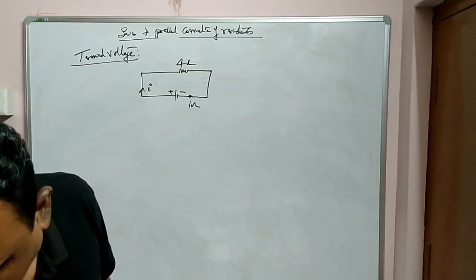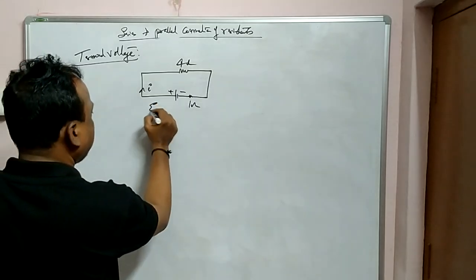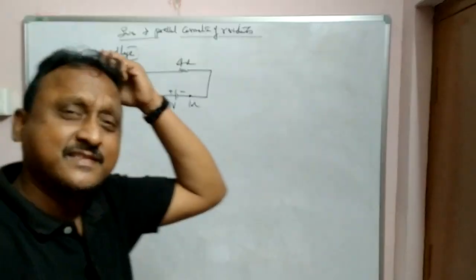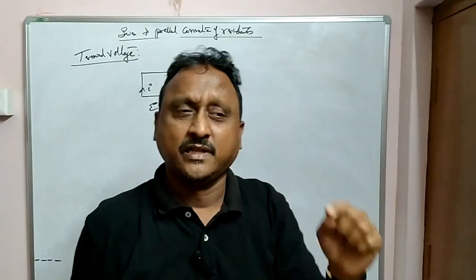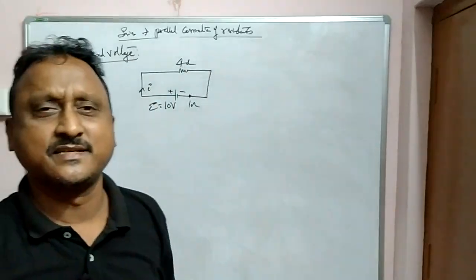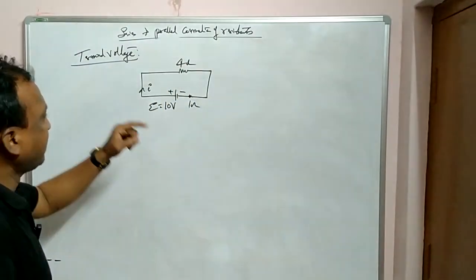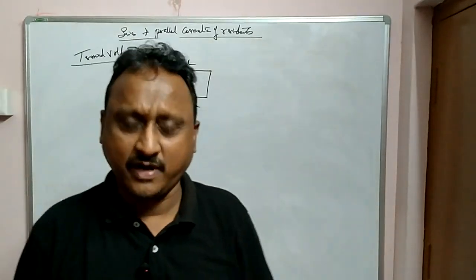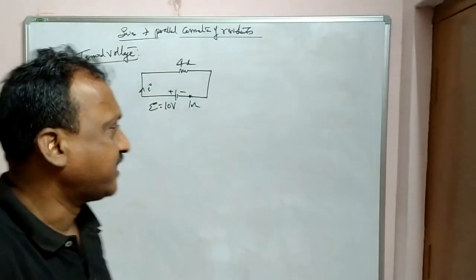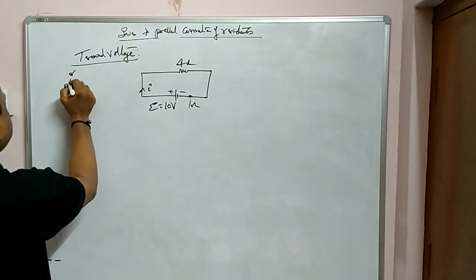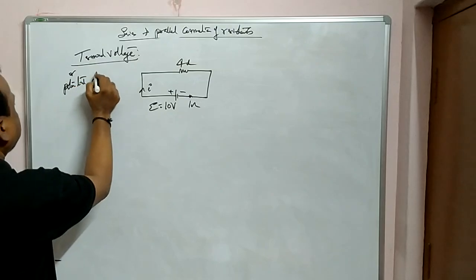Like a battery, also you can take some volts, EMF, 10 volts. Now what is terminal voltage? The voltage between the two terminals of the battery is called terminal voltage or potential difference.